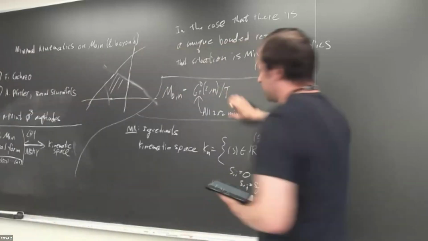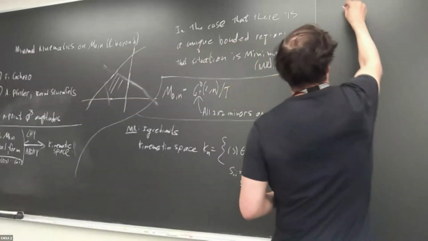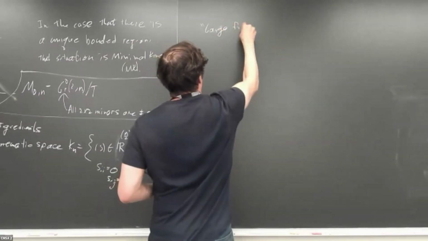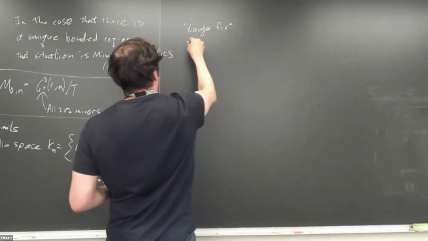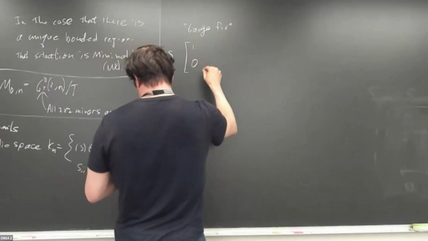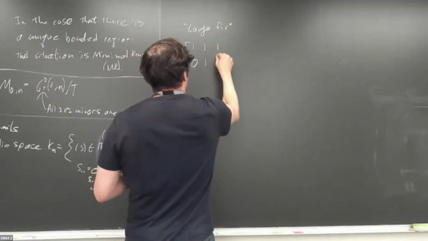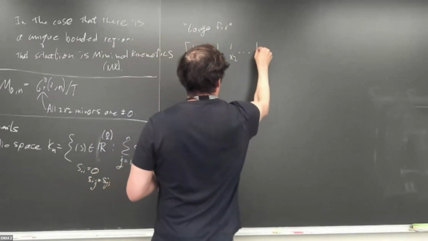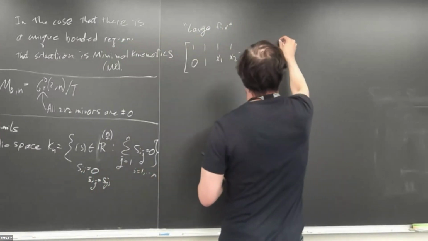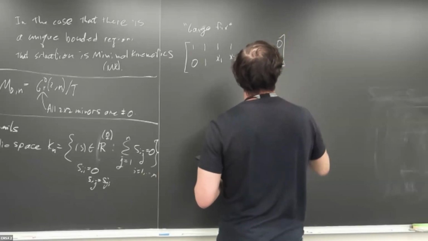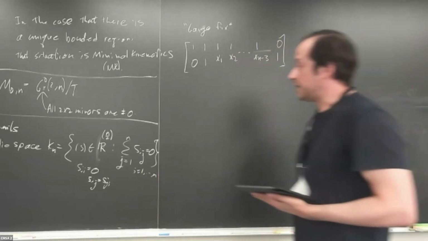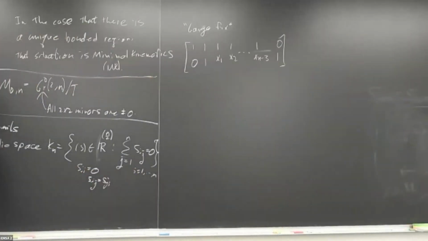Now in M0n, using the Grassmannian as the model, we're going to gauge fix. We'll take the following chart, with columns (1,0), (1,1), (1,x1), (1,x2), up to (1,x_{n-3}), and the last one is identified with (0,1). Ingredient 2 is minimal kinematics.